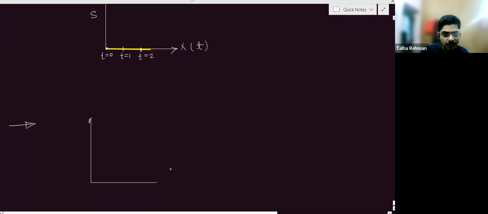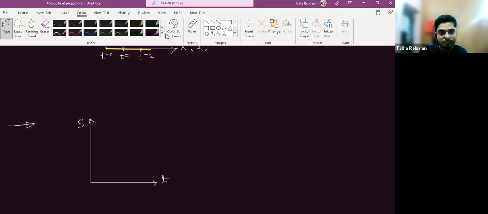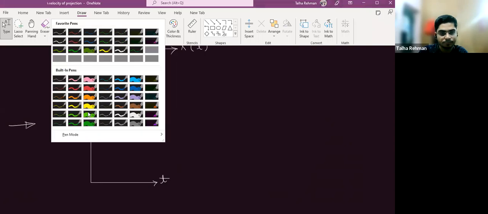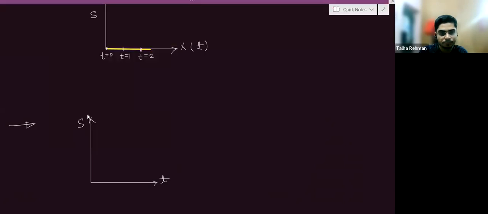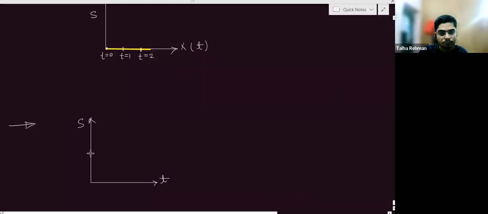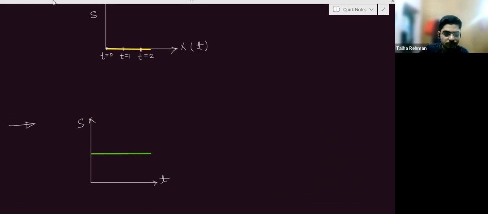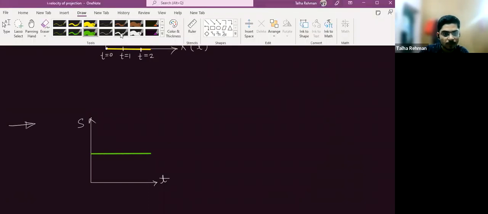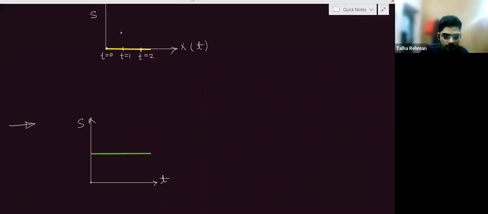On the y-axis, I am taking the displacement. On the x-axis, I am taking the time. Suppose the graph is like this. At t is equal to 0, the displacement is this, suppose s1.